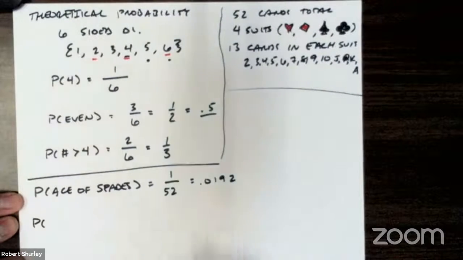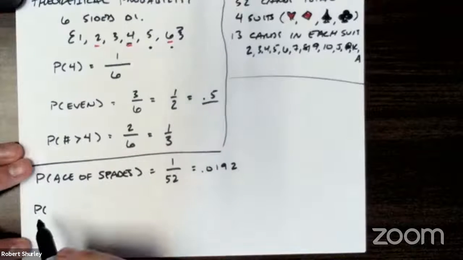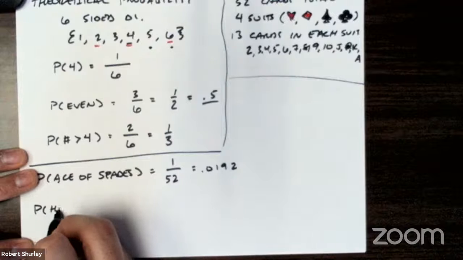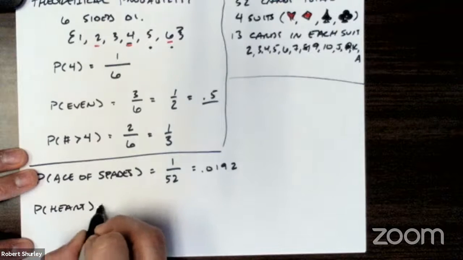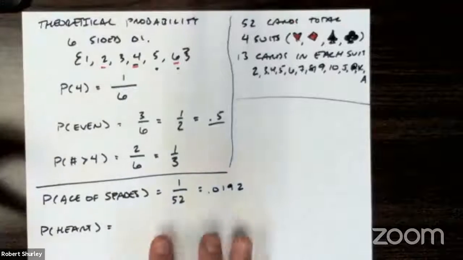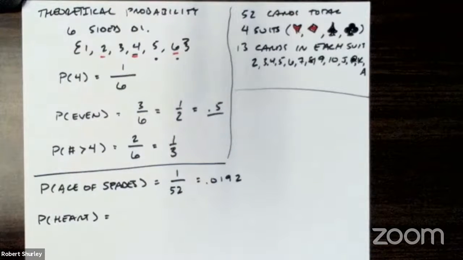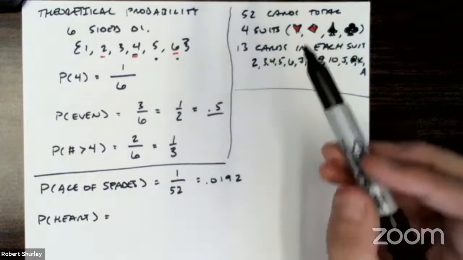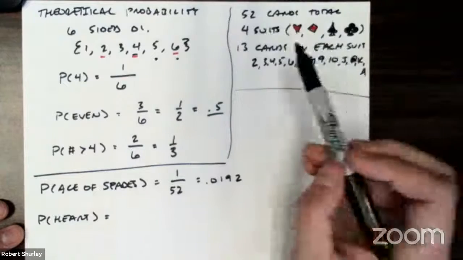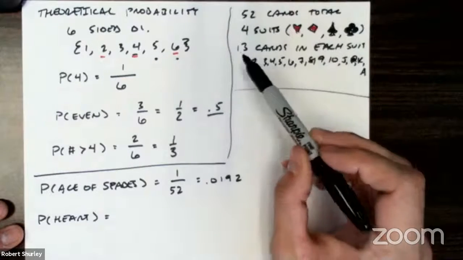Well, what if you're playing a game with your buddy and the goal is to draw a heart? Like, you win if you draw a heart. You got these 52 cards that are all shuffled together, and you want to know what's the probability of you drawing a heart. Well, let's think about this. There's only 4 suits, right? So that means there's 13 hearts, right?